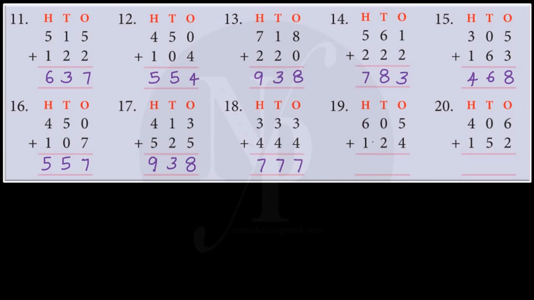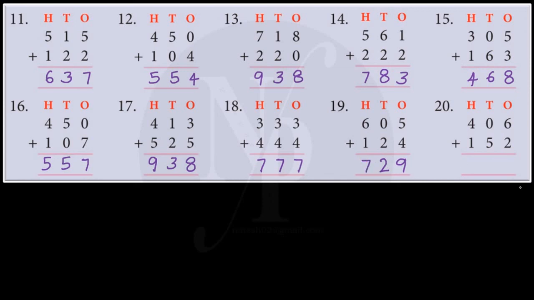Now let us add the numbers in question number 19. 605 plus 124. Starting from ones place, we add 5 and 4, and 5 plus 4 is 9. 0 plus 2 is 2. 6 plus 1 is 7. 729 is the sum.